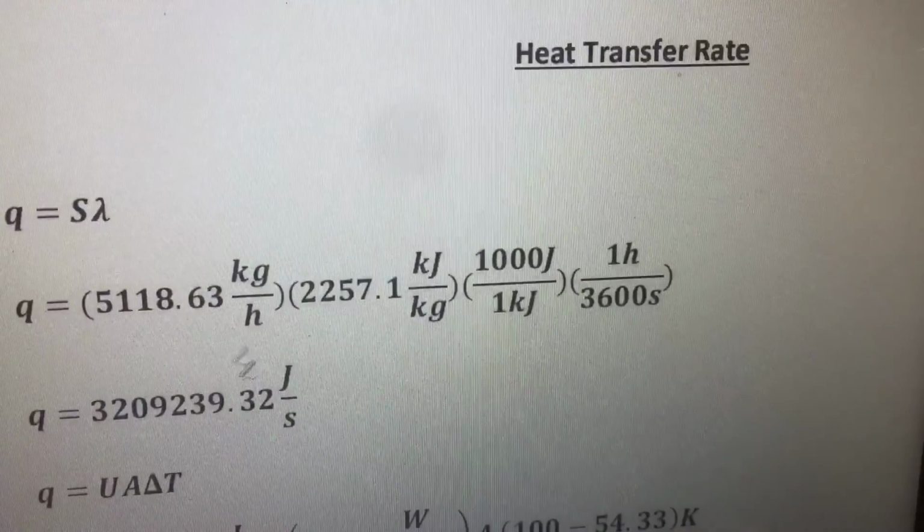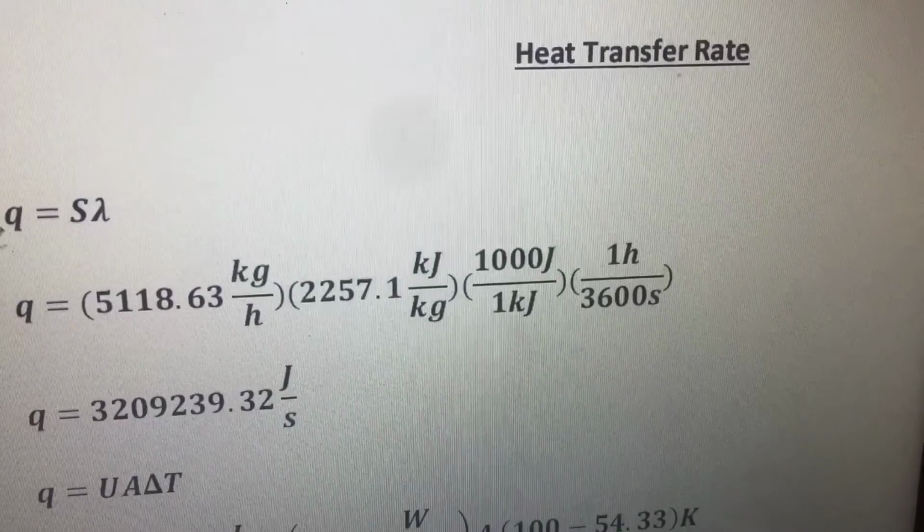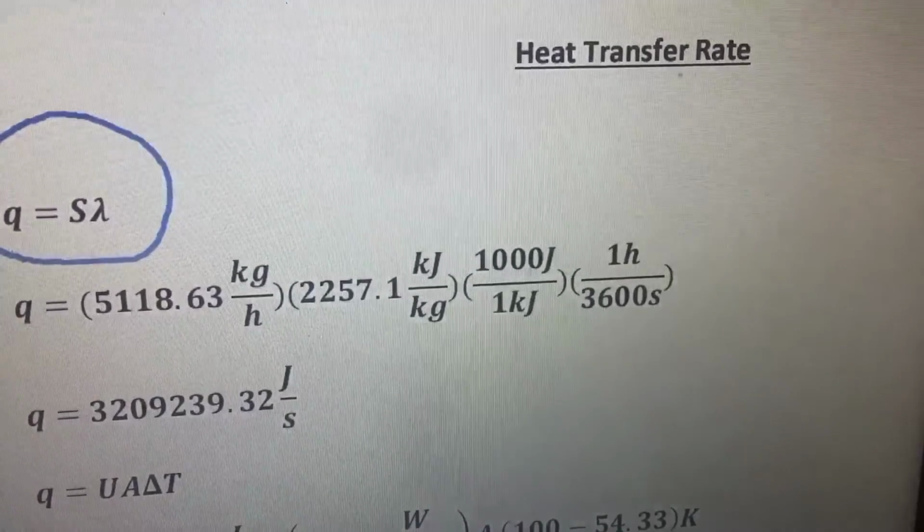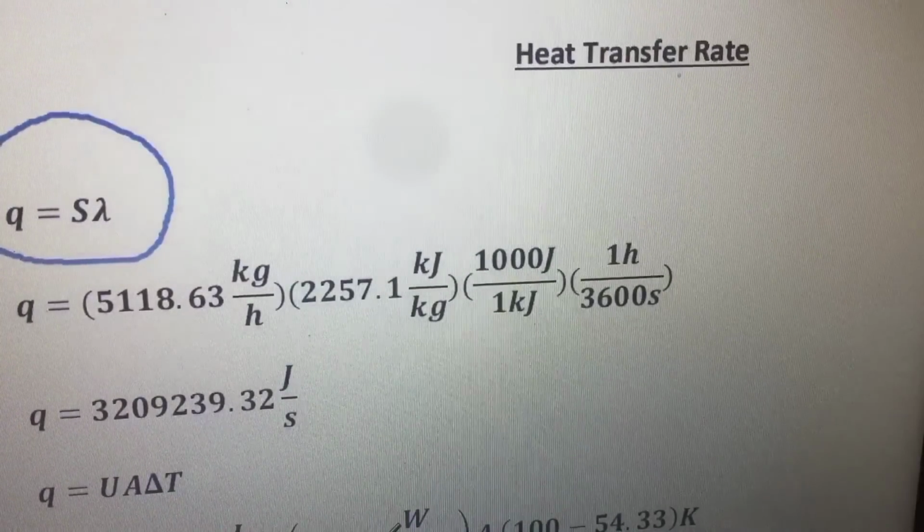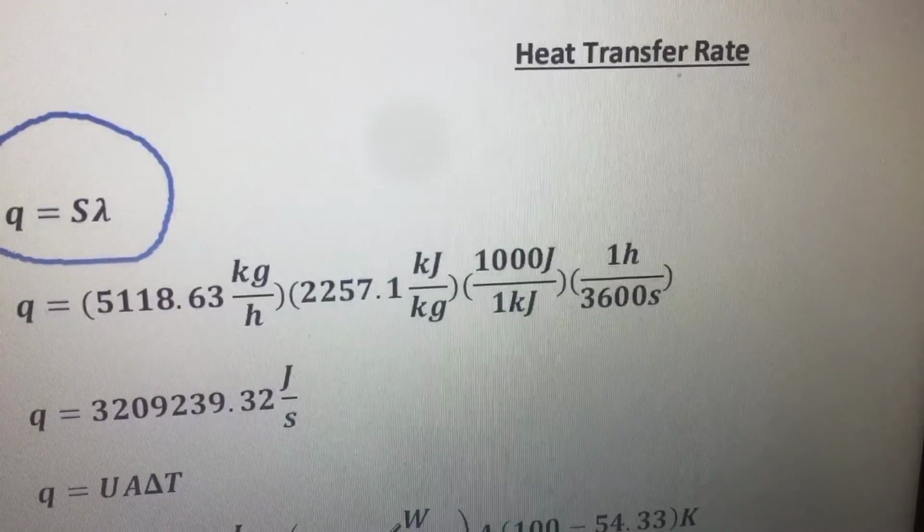To solve for the second requirement in the problem, we're going to use the equation Q equals S times latent heat.